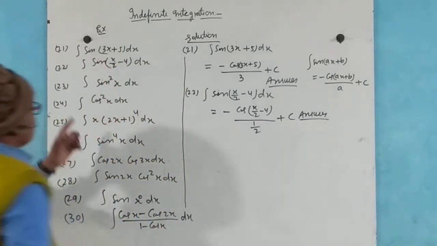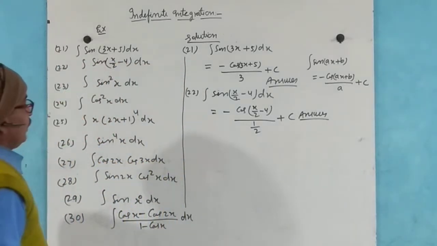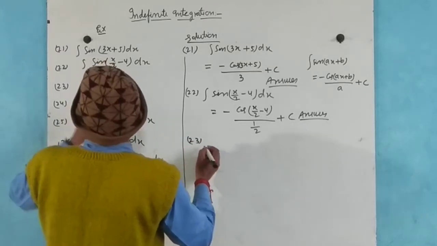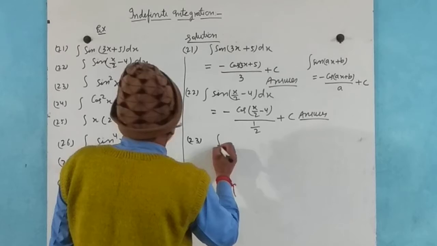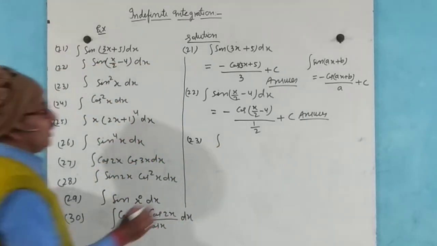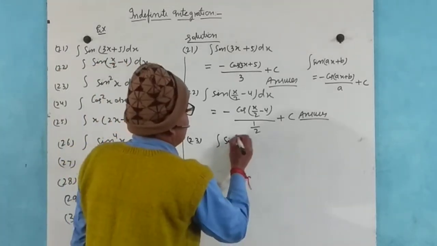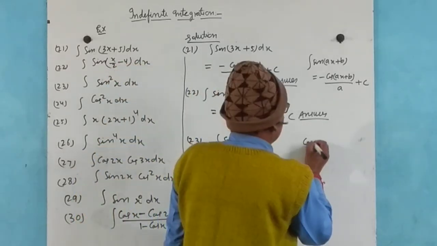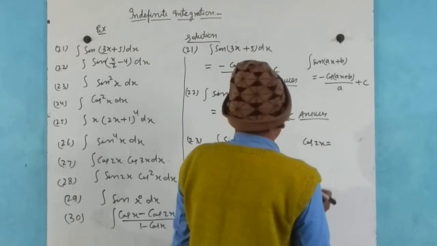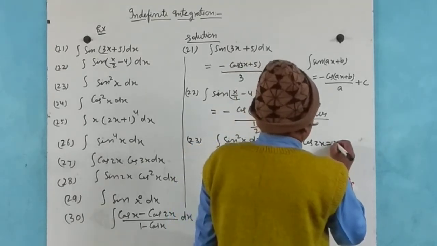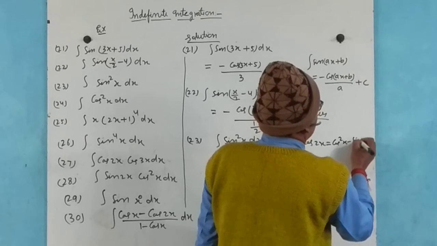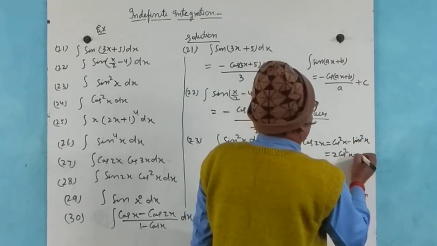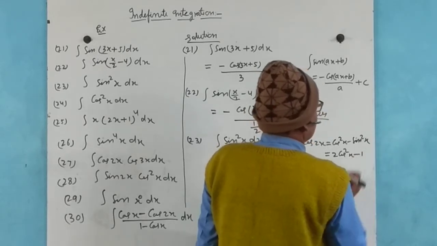Now solution of 23. Integration of sin square x dx. As you know, cos 2x equals cos square x minus sin square x. This is also equal to 2 cos square x minus 1.